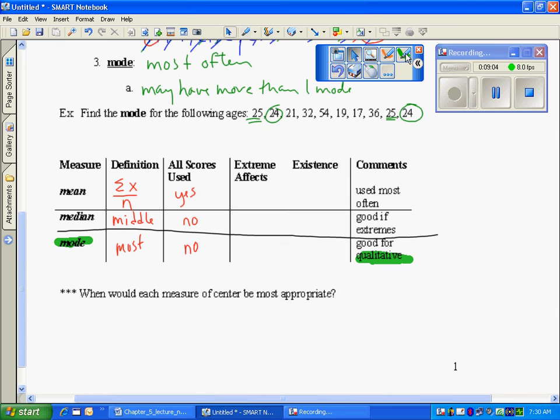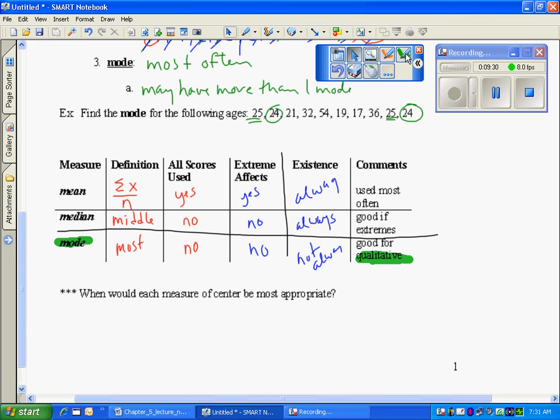Extreme values, those would be those outliers, the ones that are very large or very small. They affect the mean, but they do not affect the median, nor do they affect the mode. In the existence, you will always have a mean. You will always have a median, but not always a mode.